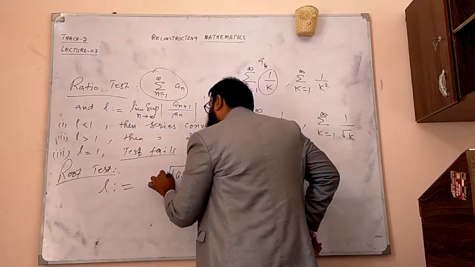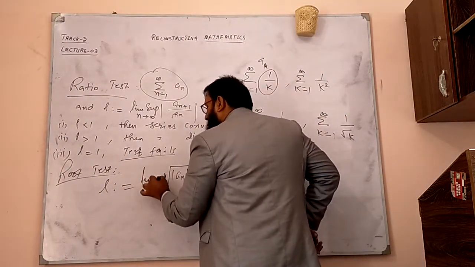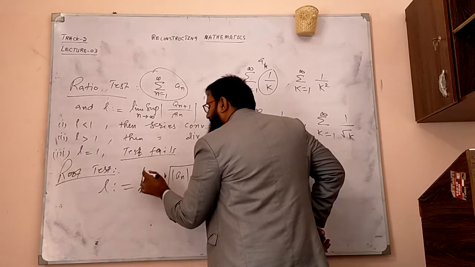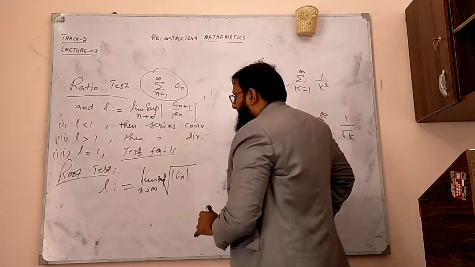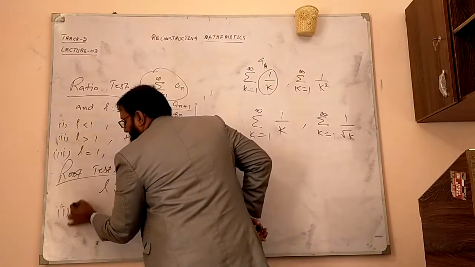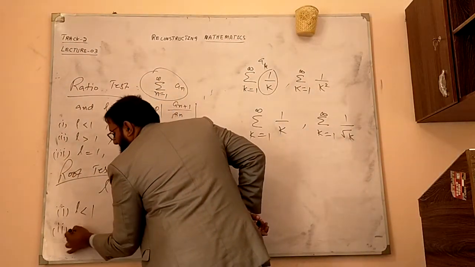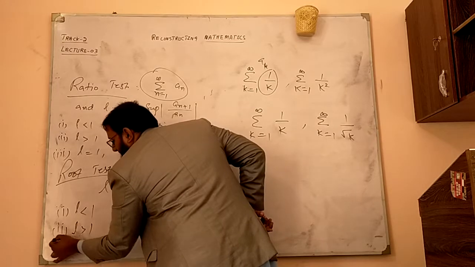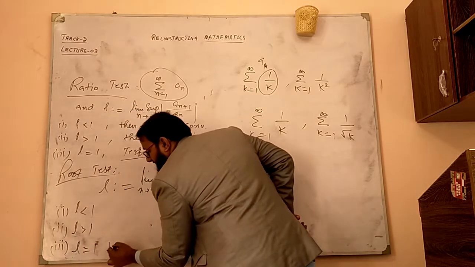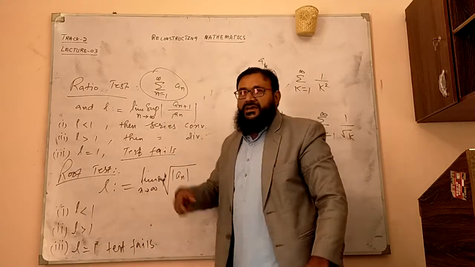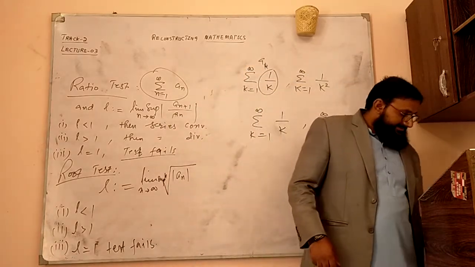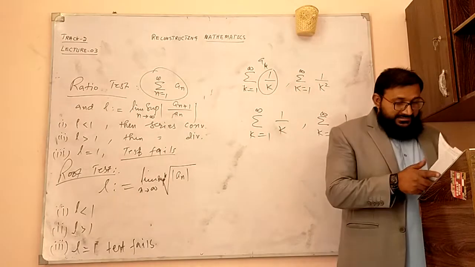You find its nth root and take the limit as n goes to infinity. You can take limit or lim sup, there is no problem. So if this L is less than 1, what happens? Greater than 1, what happens? And when L equals 1, the test fails. Same thing.